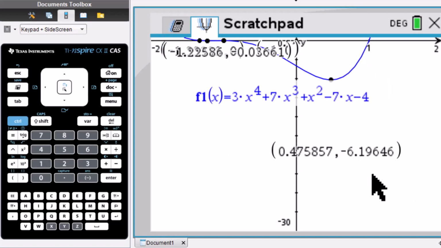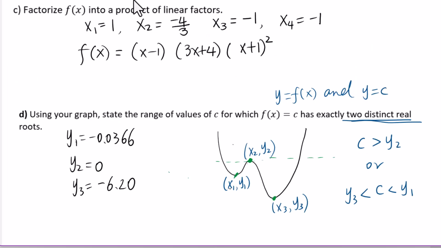Negative 6.20. After we figure out this y1, y2, y3, we can write down the solutions. When c is greater than 0, or when c is greater than negative 6.20 and less than negative 0.0366, there are two distinct real roots.